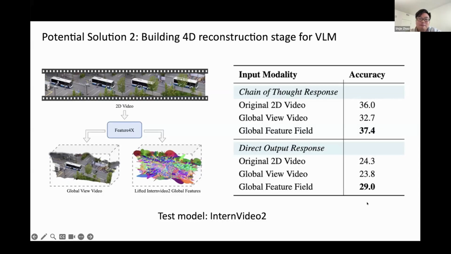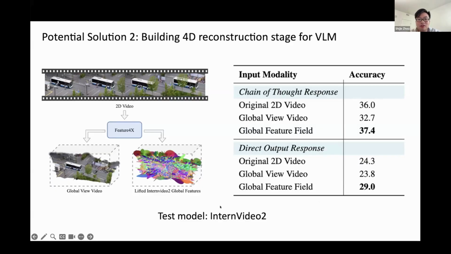But there's a huge disadvantage of this kind of solution, which is that reconstructing the 4D fields itself is time consuming. In our case, every 5 to 10 second video will cost us around 40 minutes to reconstruct the 4D scene. So this is not a solution that can scale up.